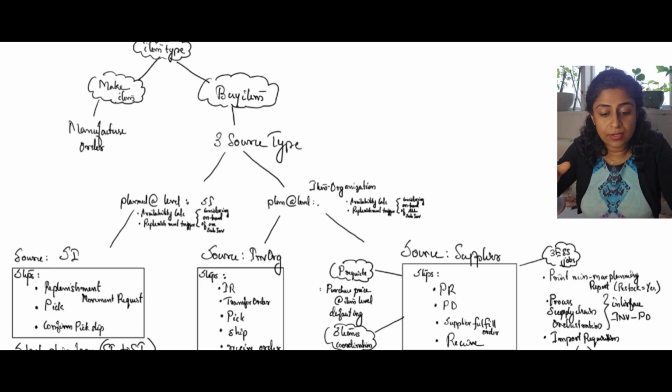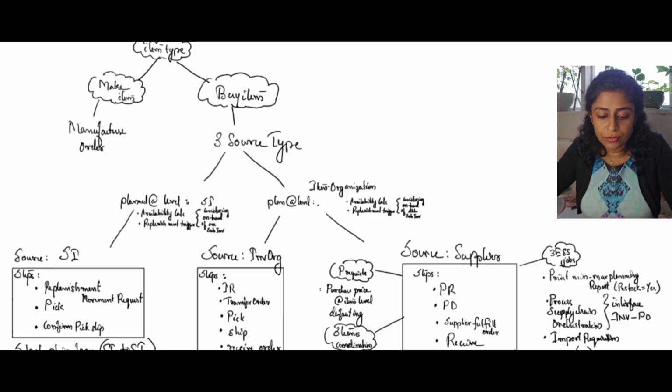The first is the source type as supplier. Here, the system expects the replenishment from an external vendor. When total availability drops below the minimum, the min-max planning report is run with Restock Yes. The system automatically creates a purchase requisition, and this requisition can then be converted into a purchase order either manually or through automation.